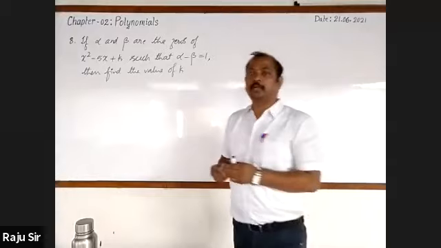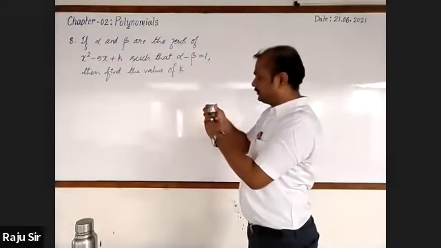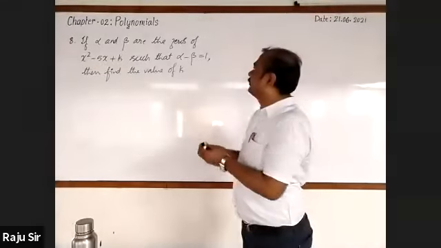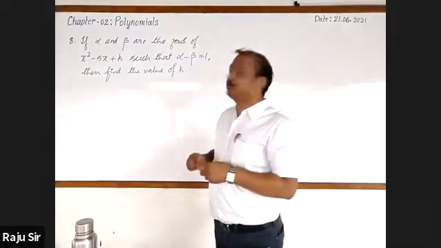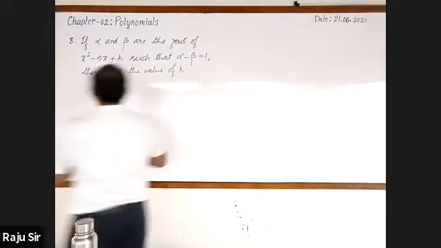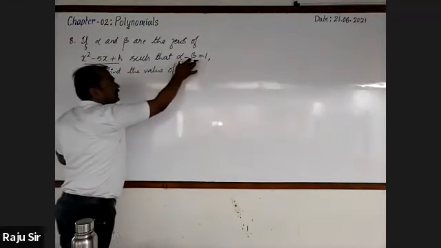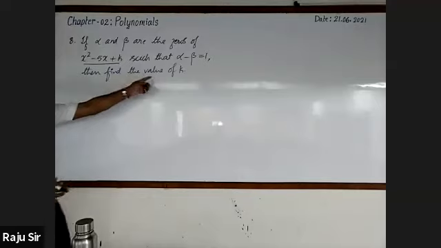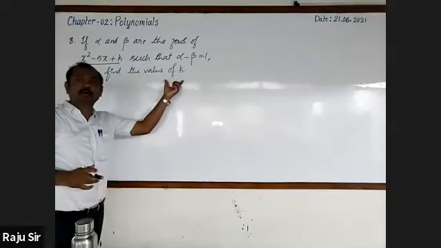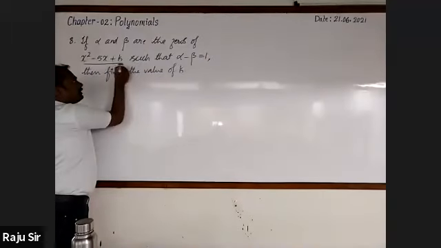You may stop writing and observe the board. Just go through the statement. Alpha and beta are the zeros of the polynomial x square minus 5x plus k, such that the difference of the zeros is 1. With that information, we have to find the value of k. Okay, k is in the place of the constant.